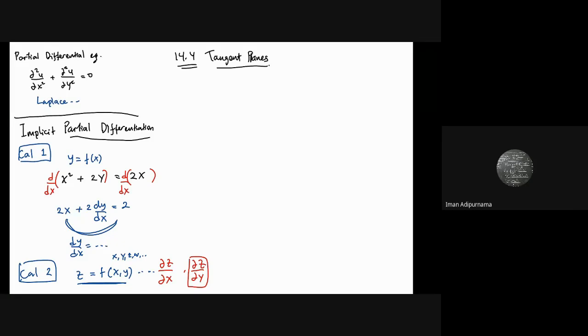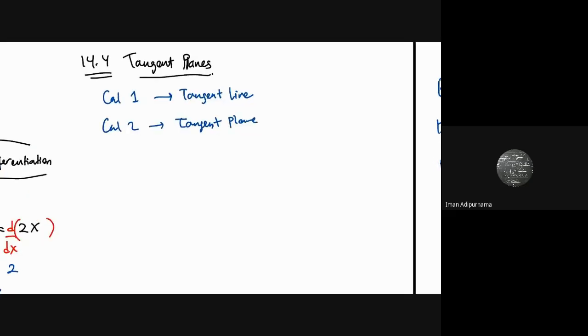From previous calculus, in calculus 1 you were observing the tangent line. Now the line becomes a plane. I think that makes sense, because before you had only a function of x, which becomes a line, and now you have x, y, right?